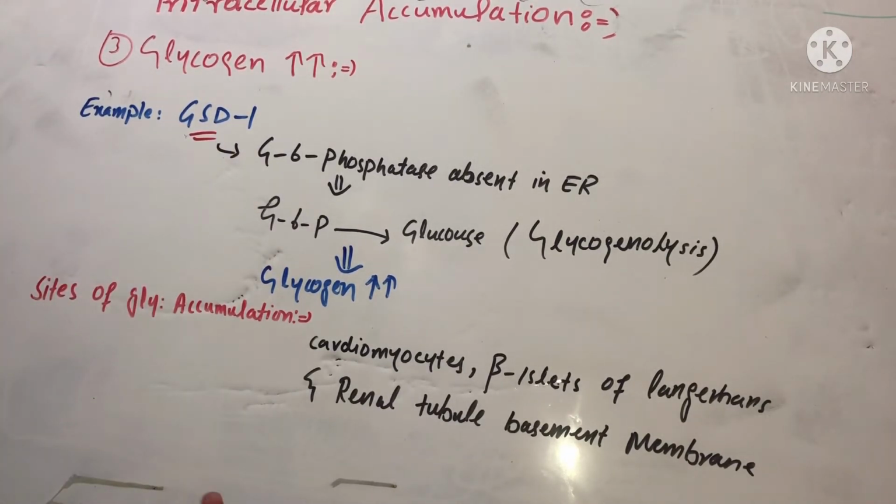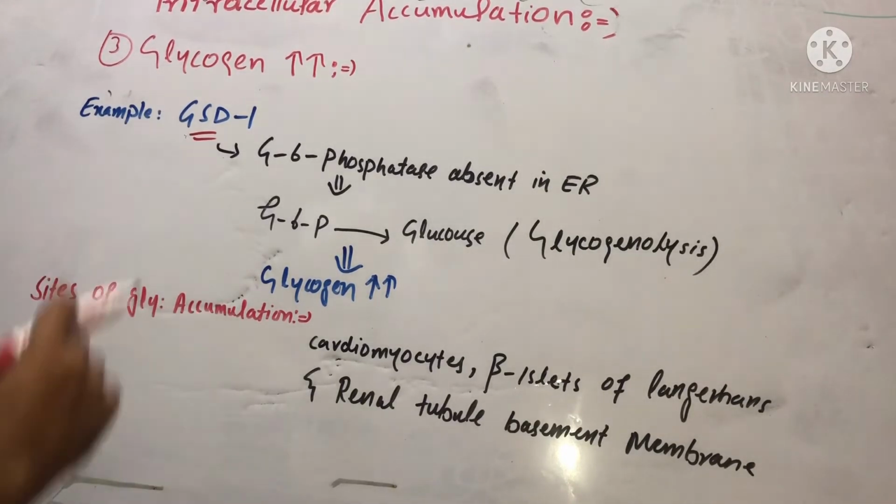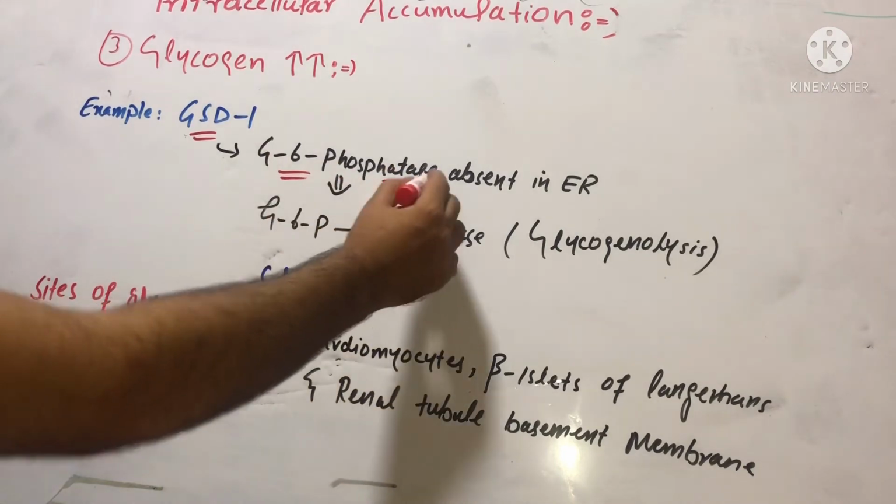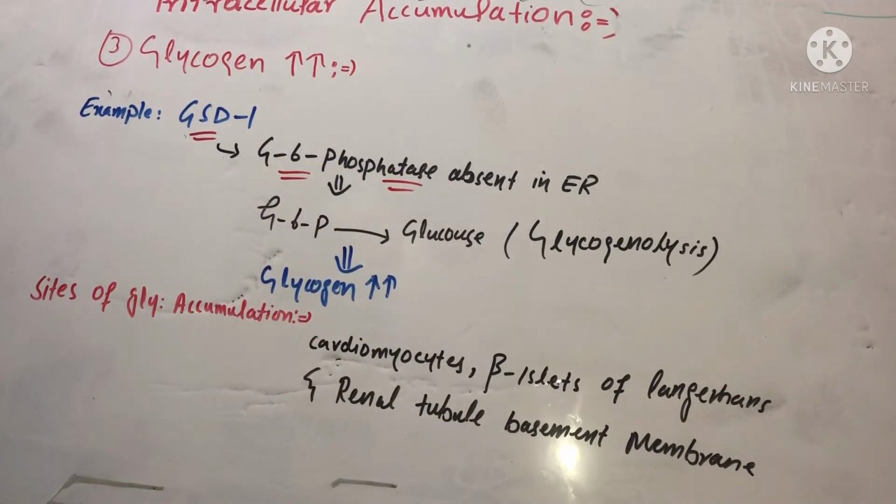First, we should know about glycogen storage disease. Glycogen storage diseases are a group of diseases in which the enzymes involved in glycogen metabolism or glycogenolysis have defects. In glycogen storage disease type 1, glucose 6 phosphatase is absent in the endoplasmic reticulum.